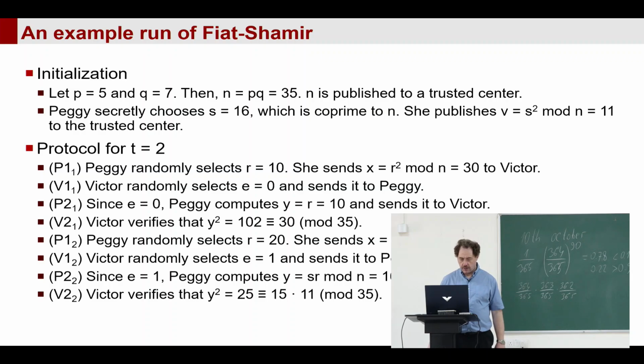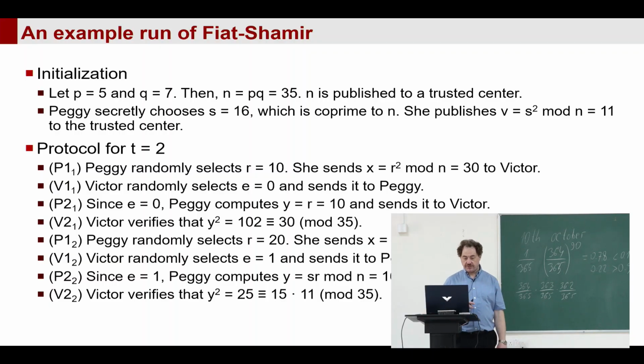Victor randomly selects a bit, in this case 0, and sends it back to Peggy. And since the bit is 0, Peggy just sends back r itself, which is 10. And Victor verifies that r squared modulo 35 is equal to 30.